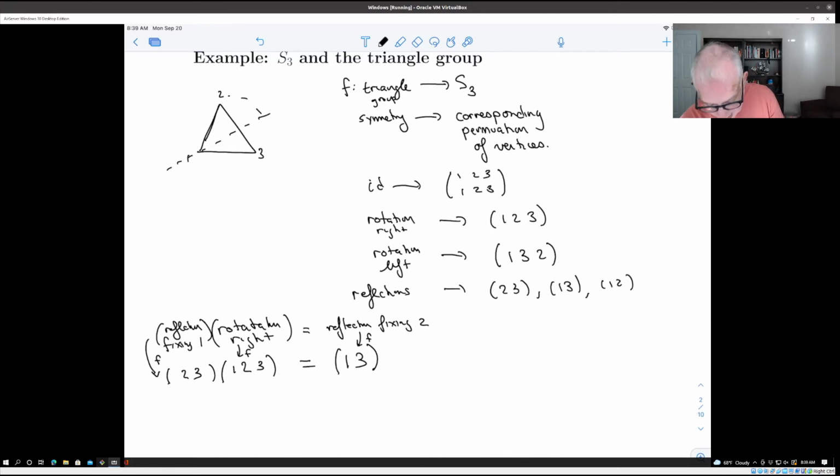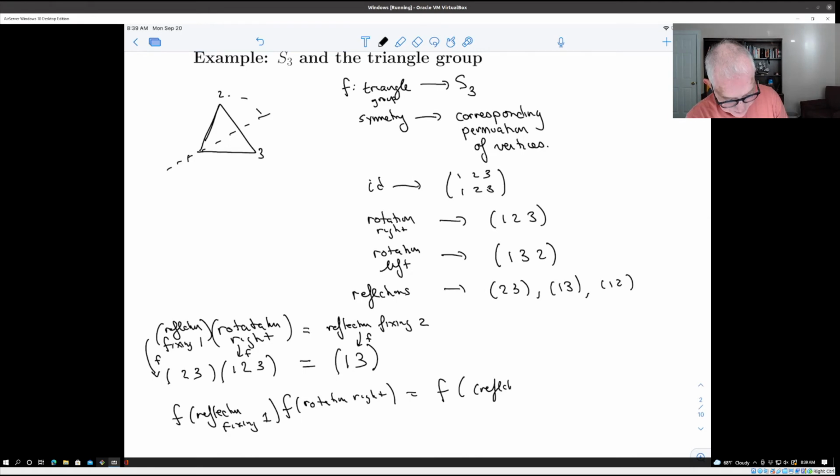So what we've shown is that F of the reflection fixing 1 times F of the rotation equals F of the product of those two things, which is this thing, the reflection fixing 2.